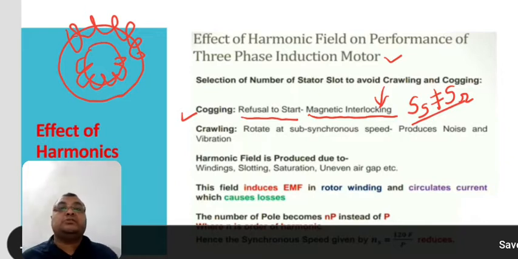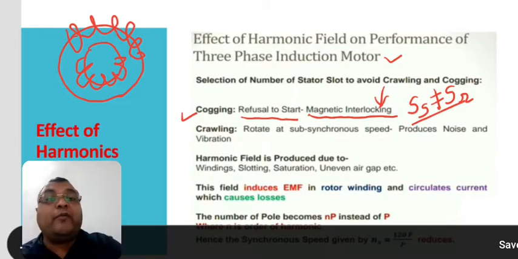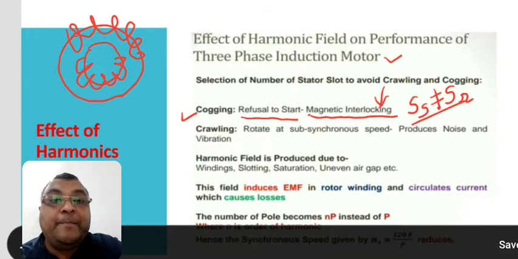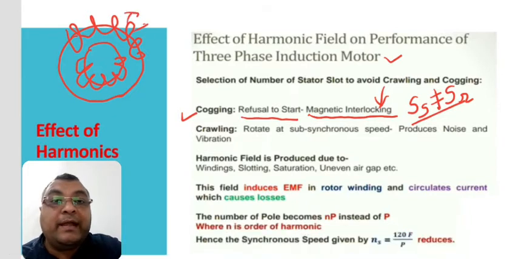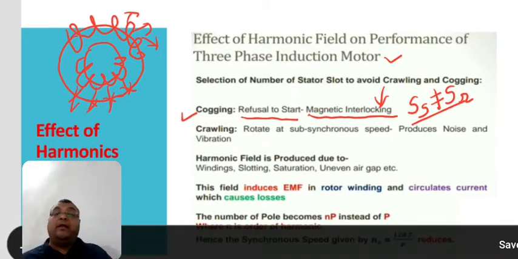When the stator slots and rotor slots are equal, what happens? The magnetic field produced from the stator and the magnetic field produced from the rotor are equal. If slots are equal, the number of turns is equal, so the magnetic fields in the stator and rotor are the same in magnitude, but in nature they are opposing each other.